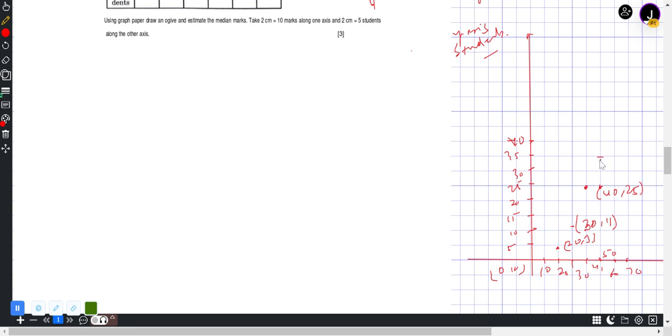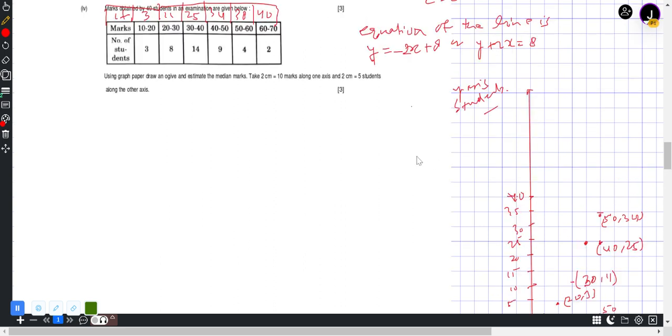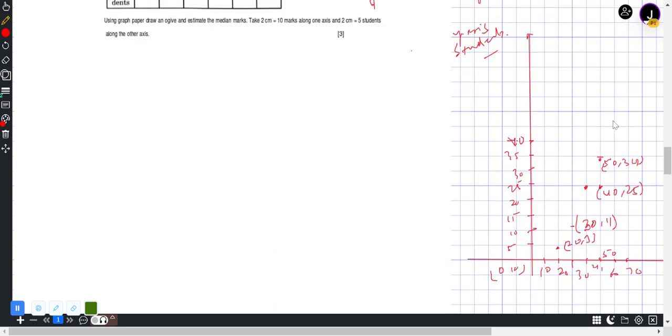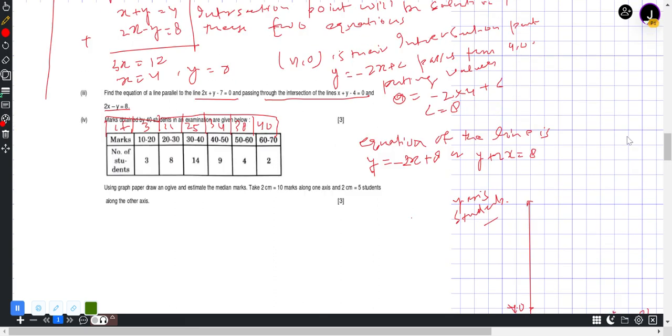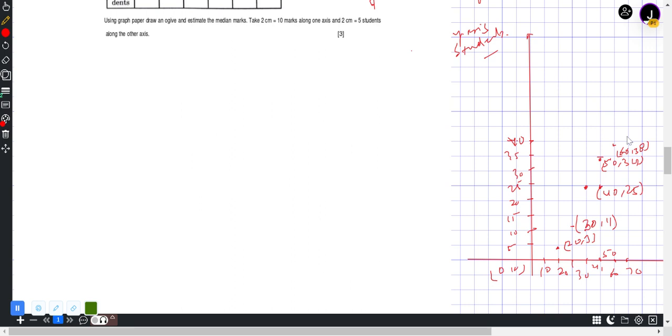This is the point. The next one is 60 is 38, and 70 is 40. Here.